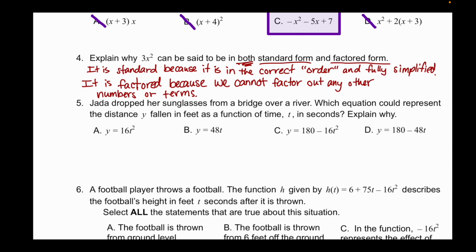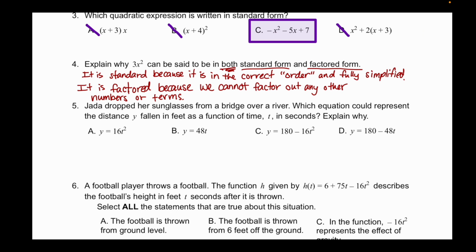Basically, it's really hard to factor a single term because generally when we factor something, that's something that we do to more than one term. And we find what they have in common. So technically, 3x squared is both.